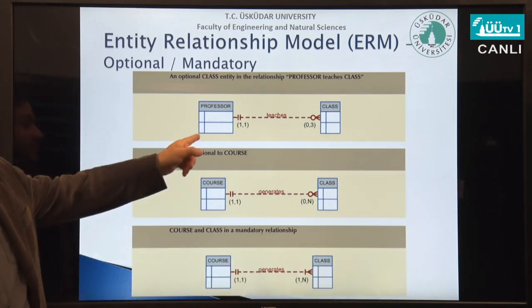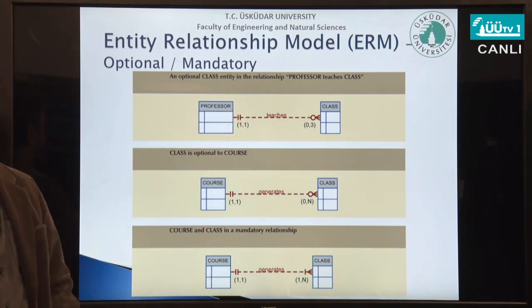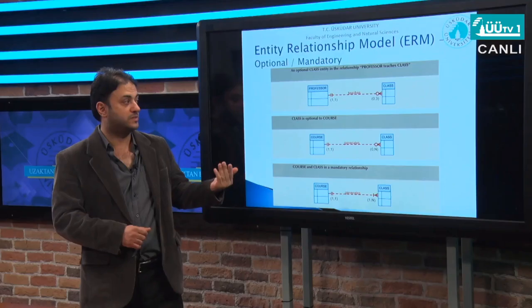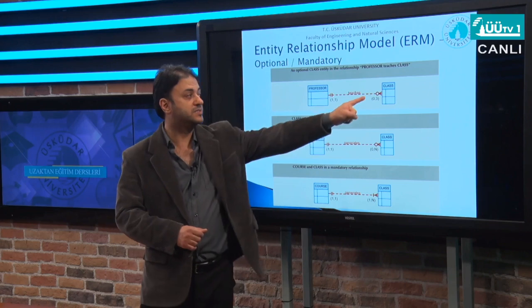Fine. So if you look at here, the professor is at least 1 and at most 1. So 1 and 1. So this is mandatory to have at least 1 professor and at most 1 professor, for the one side. For the other side, the many side, for this relationship, this is optional.